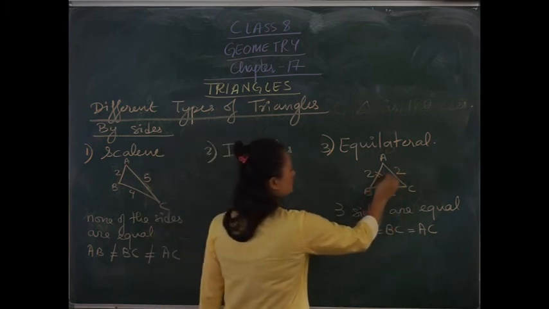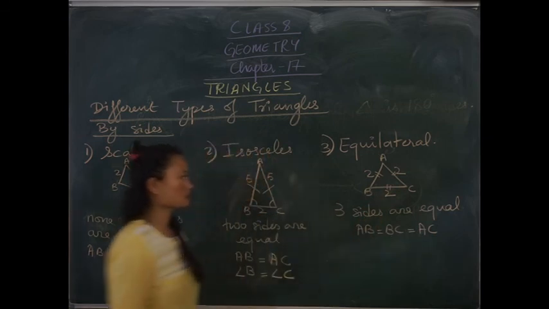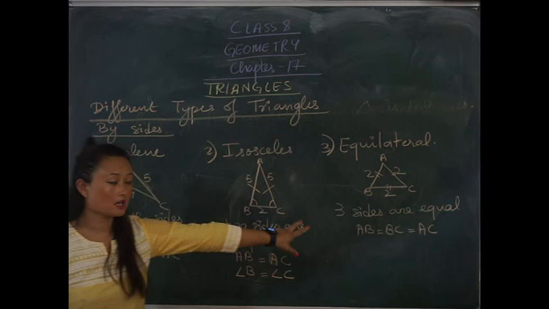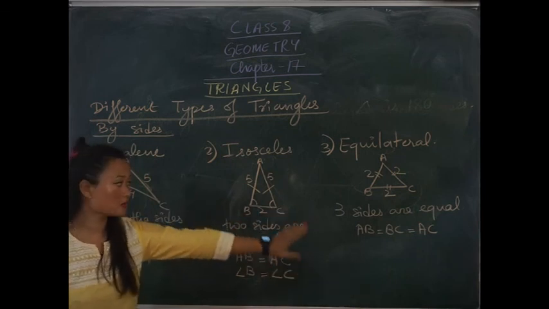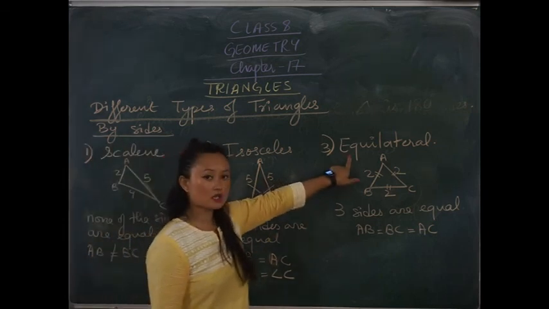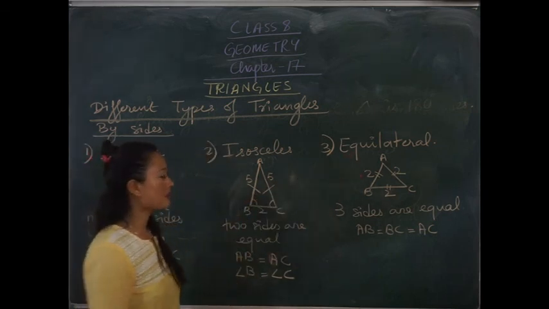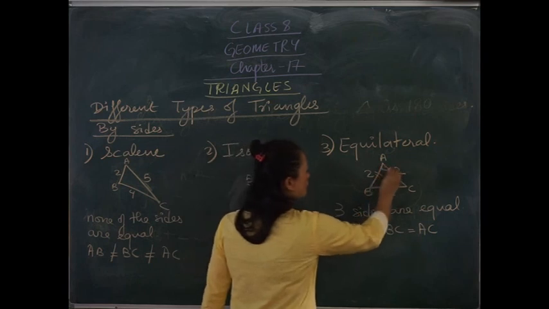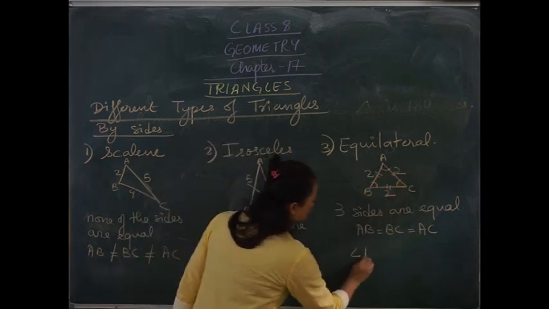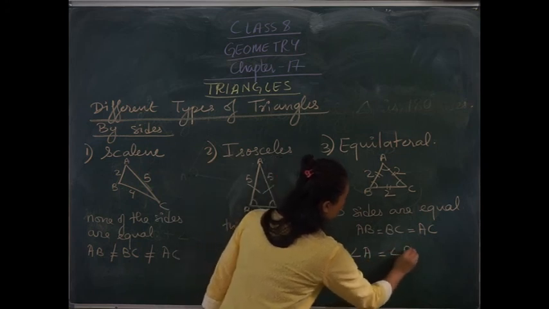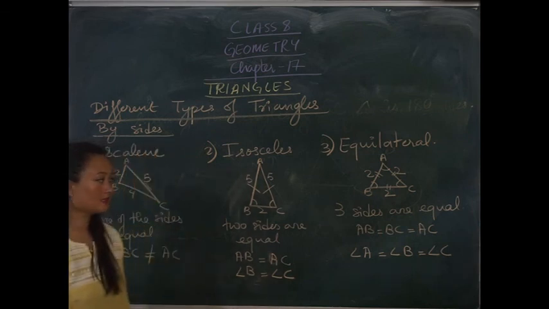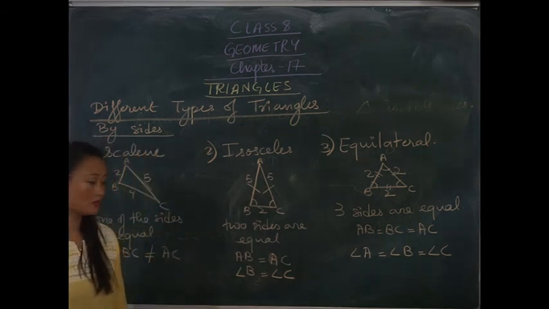If all the three sides are equal, we call that triangle an equilateral triangle. And since all the sides are equal, all the angles will also be equal. So angle A will be equal to angle B and angle C.